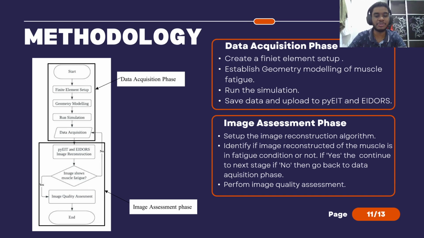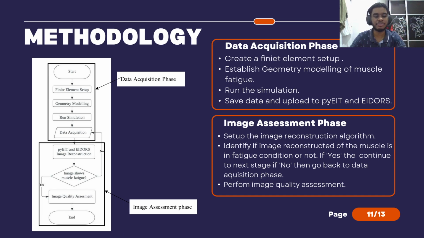Here we start with creating a finite element setup where it creates all the 16 electrodes around the subject, and then create the electrical waves, and then establish geometry modeling of muscle fatigue. We create the modeling of the muscle and having the fatigue in the muscle, and then we run the simulation to get the data. We save the data and upload it to PYEIT and EIDORS.